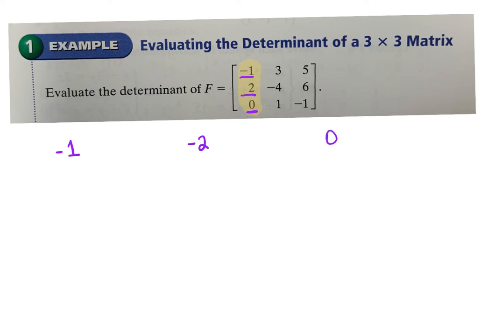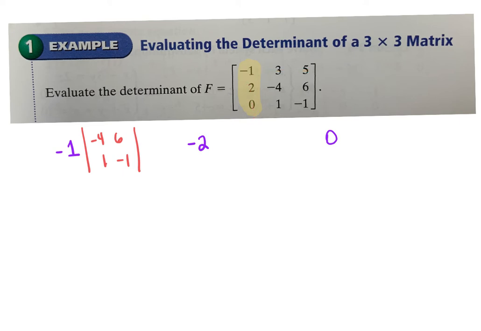Now I'm going to look at my determinants that are inside. When I look at my 1, I'm going to delete everything that is in the row or column of the 1, and I have a 2 by 2 left over. It is -4, 6, 1, -1. Everybody see that?